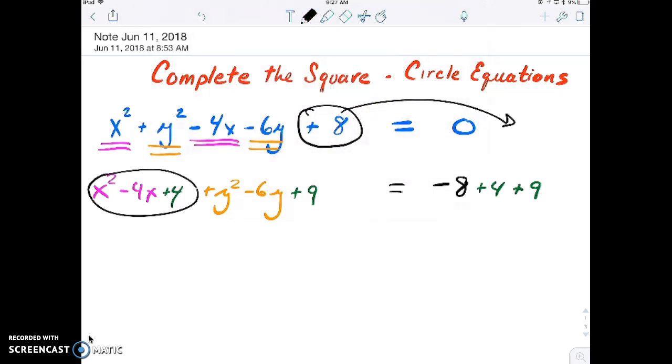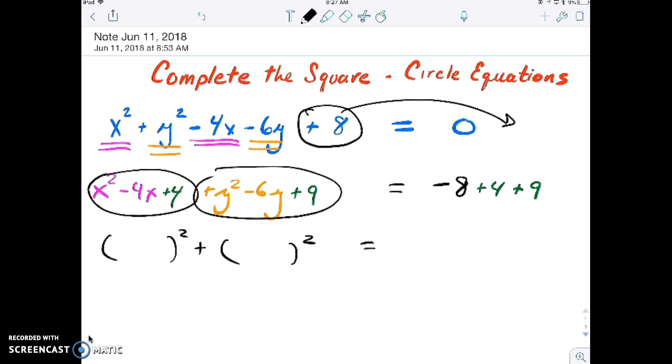Now we can factor this and factor this and just combine this. Negative 8 plus 4 plus 9 is 5. And what we do here is we take the square root of that and the square root of that. So it's x and 2, and we use that sign.